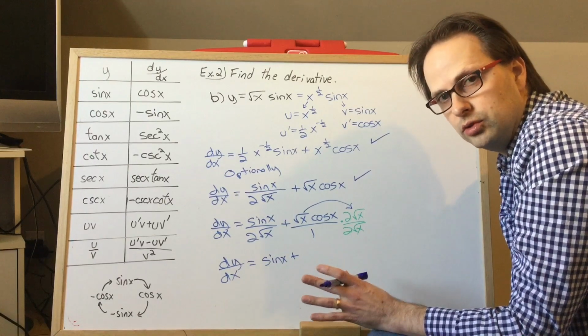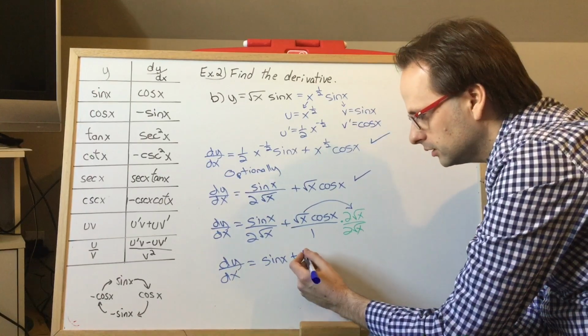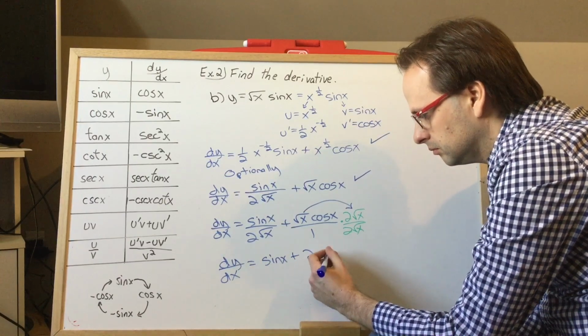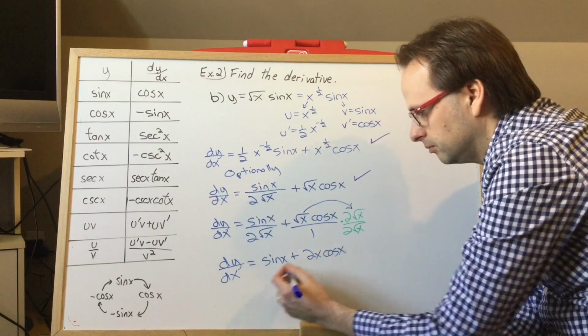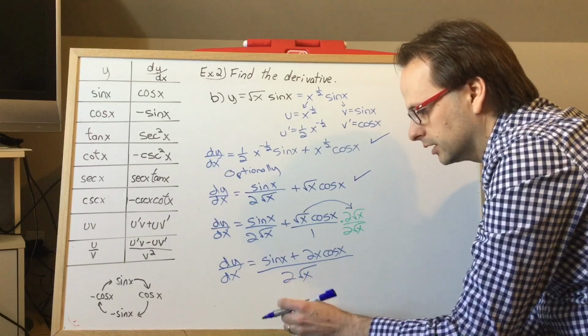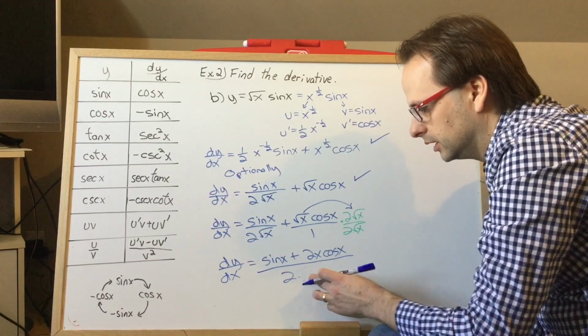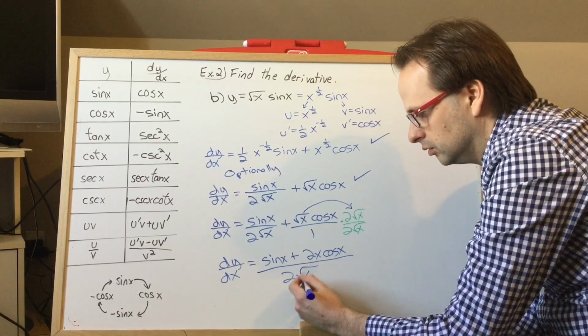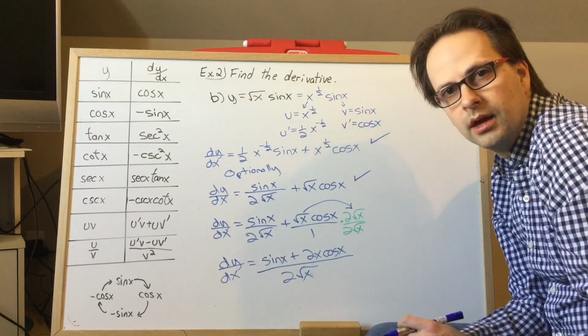So that's going to be 2 root of x squared, or just 2x, cos x, and that would be with that common denominator of 2 root x. Let me write that a little nicer, 2 root x.